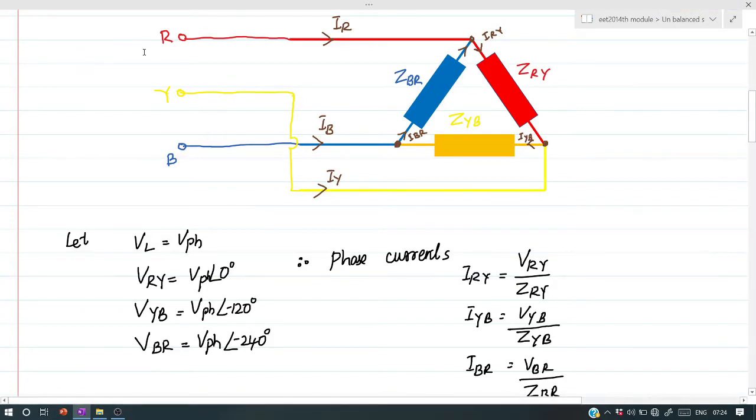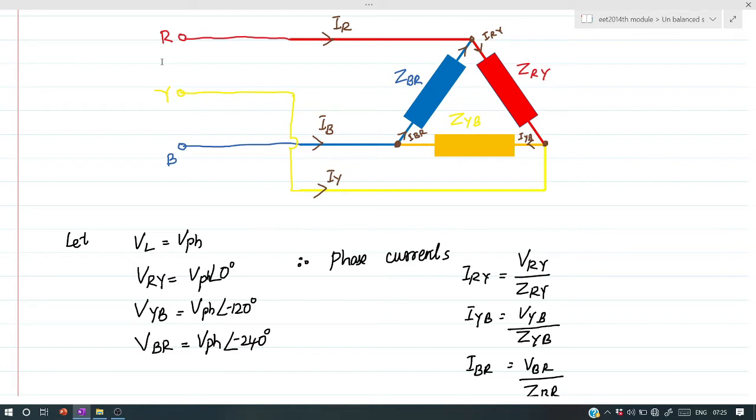Here VRY, VYB, VBR are the line voltages, and these voltages are coming from a balanced supply. Therefore, the voltages which appear across the individual impedances are balanced. So an unbalanced delta connected load supplied from a balanced three-phase supply doesn't create any new problem, because the voltage across the load phase is fixed.